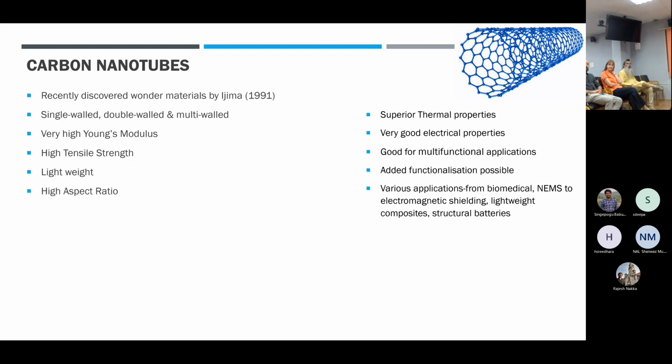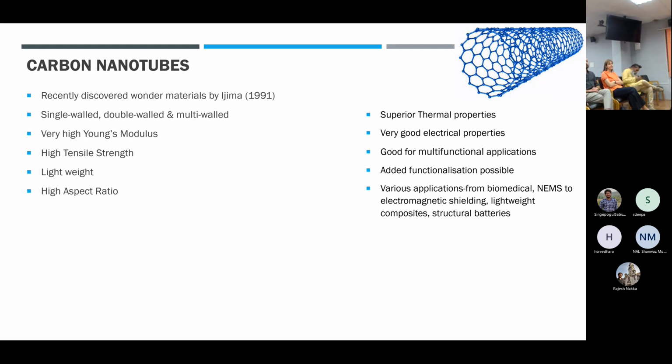Also, there are other advantages to carbon nanotubes, like superior thermal properties and very good electrical properties. These make them good for multifunctional applications. Apart from that, functionalization is possible, meaning that instead of just having a carbon nanotube composed of only carbon atoms, depending on your application, you can introduce some functionalized groups, which will help carbon nanotubes adhere to some polymers more efficiently, and maybe even be used for some biomedical applications and NEMS applications.